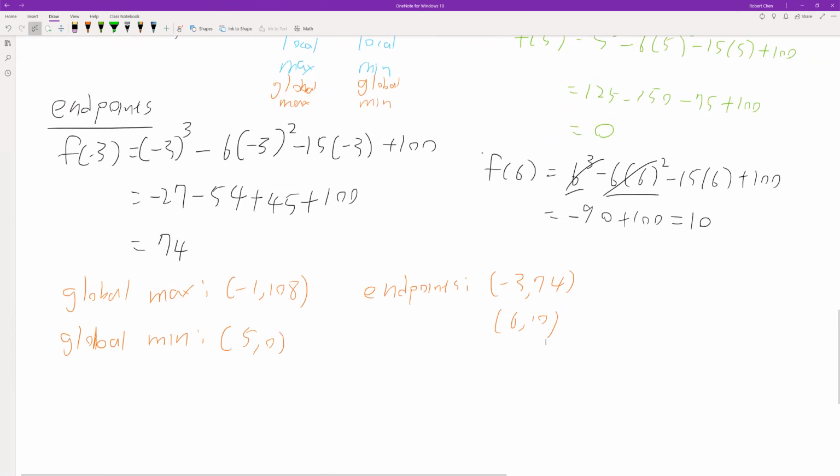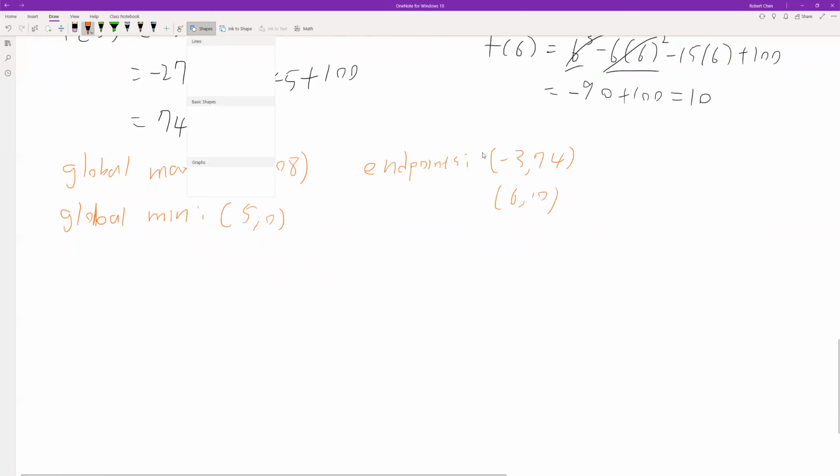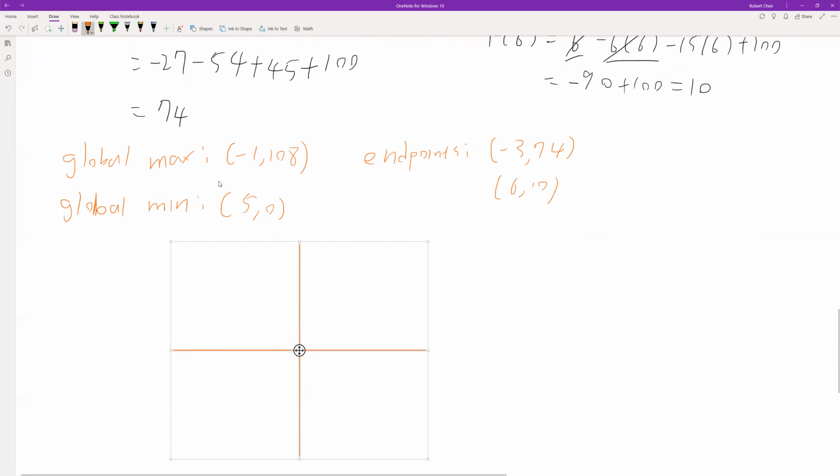All right, so we're just graphing from negative 3 to positive 6. 1, 2, 3, 4, 5, 6. 5, 0 right here.